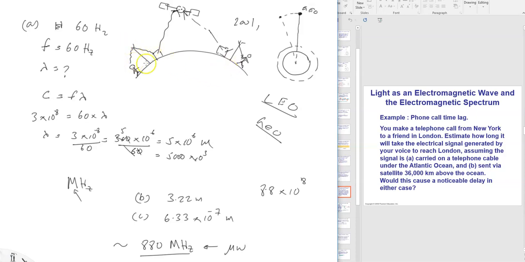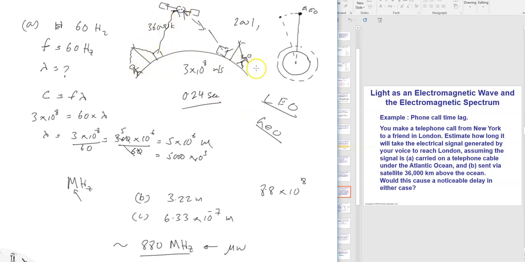These distances are short, but here you have 36,000 kilometers going up, and then 36,000 needs to come back, traveling at the speed of 3 times 10 to the 8 meters per second. Even if we disregard all the processing time, I want you guys to do the math. It takes about 0.24 seconds for this whole thing from here to your friend, because it's a round trip, right?